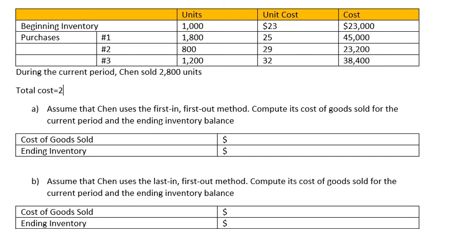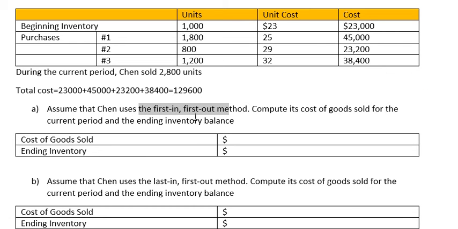So we have 23,000 plus 45,000 plus 23,200 and 38,400 equals 129,600.